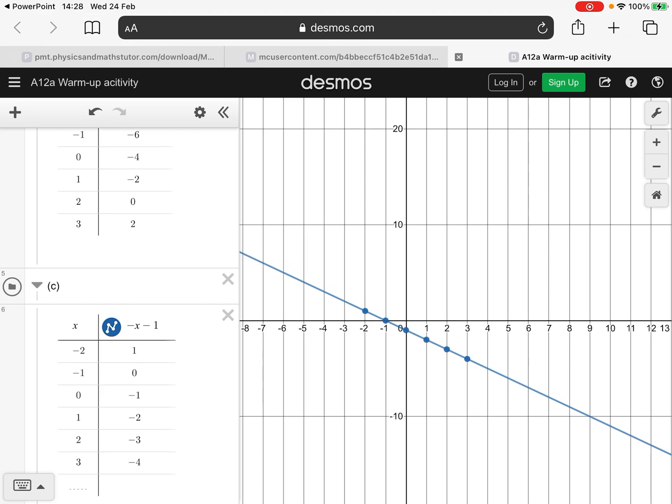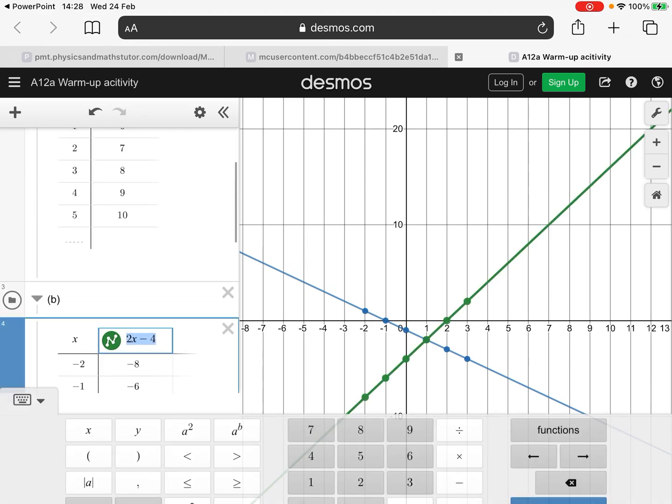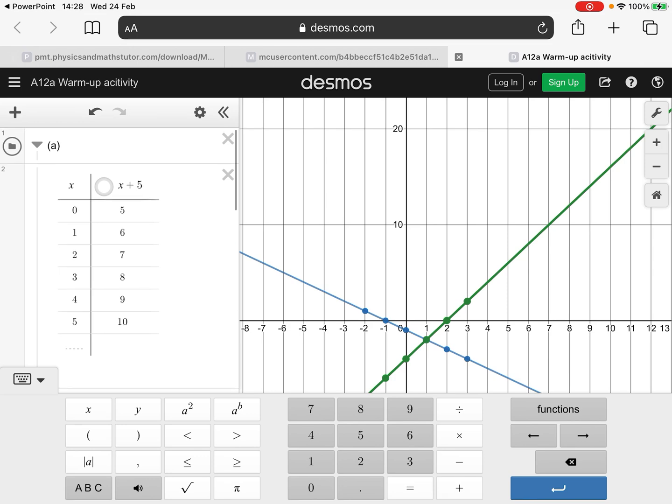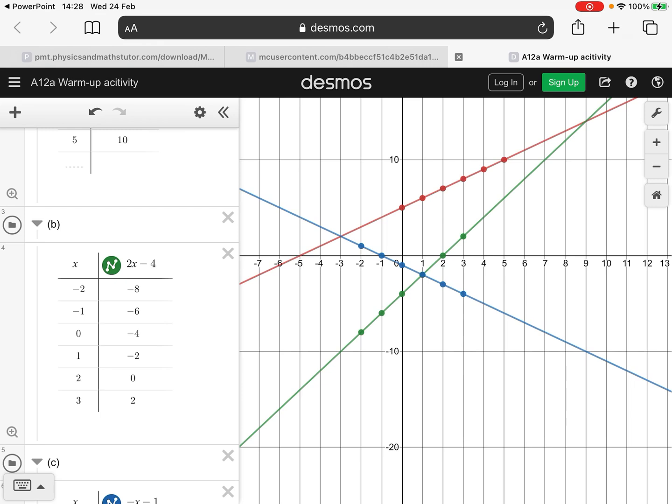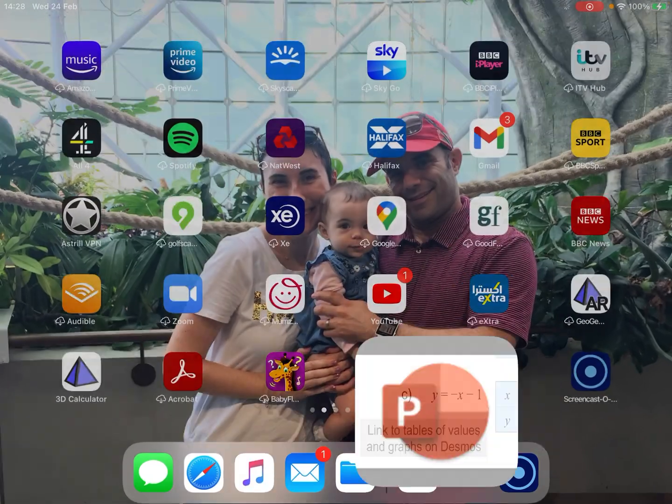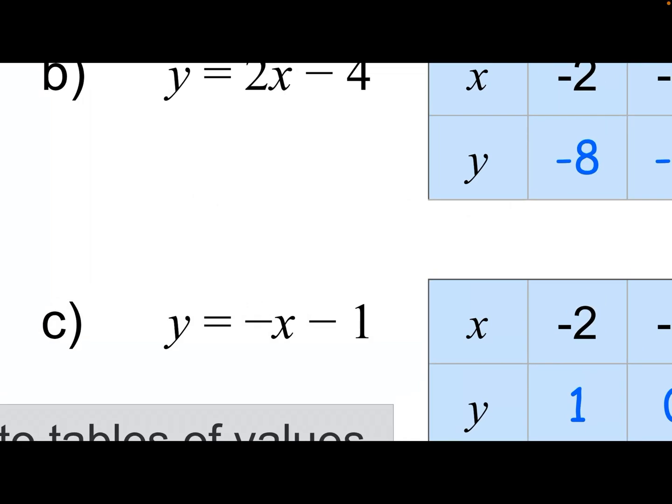But check your lines. I'll put them all up so you can see them. There's your three lines. If you've done all of them on one picture, it should look something roughly like that. So you're able to plot straight line graphs.